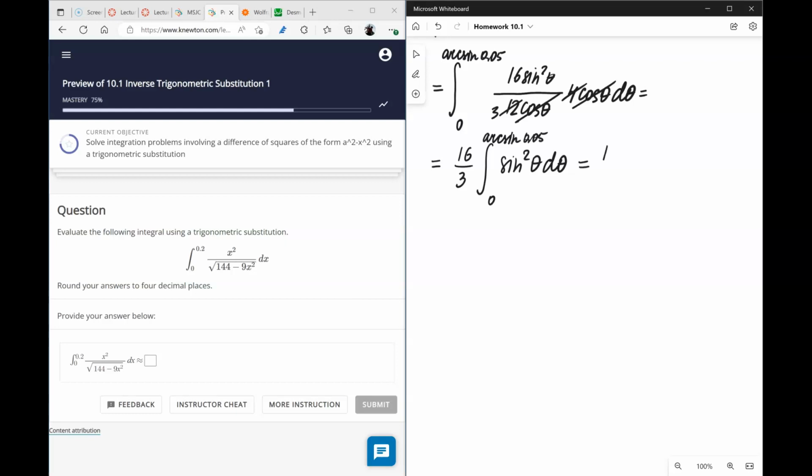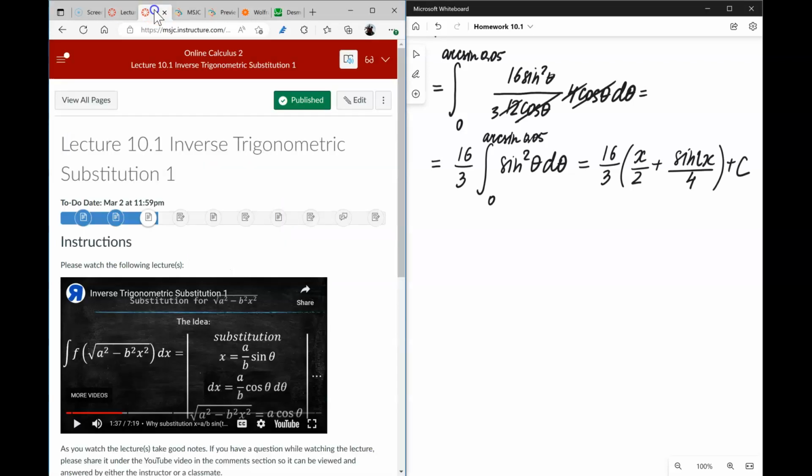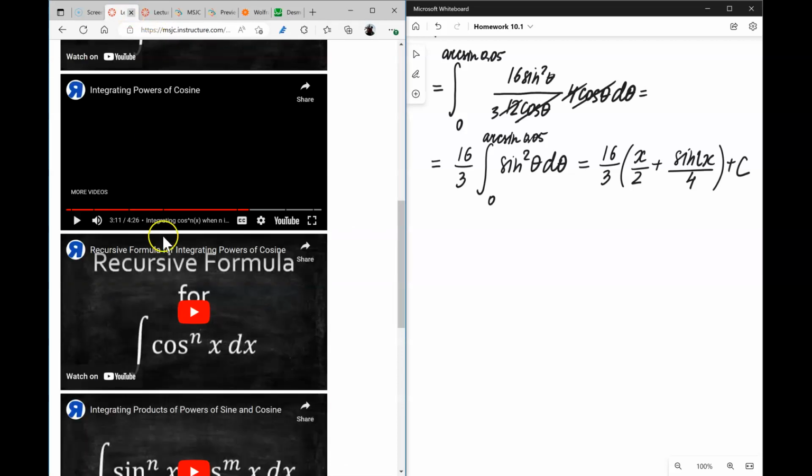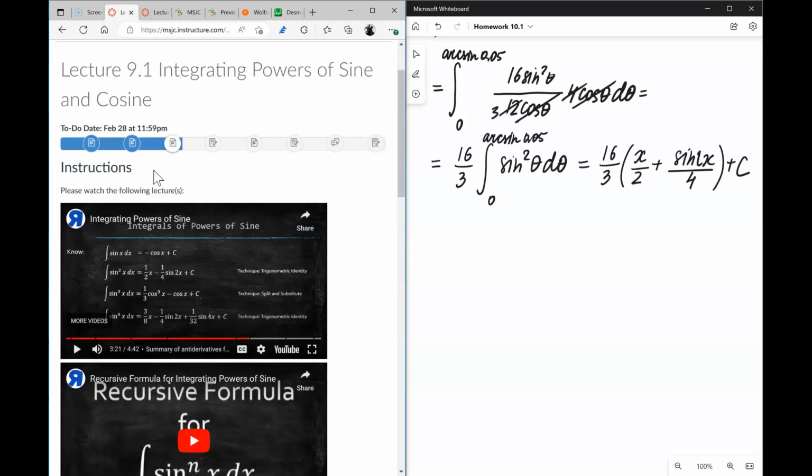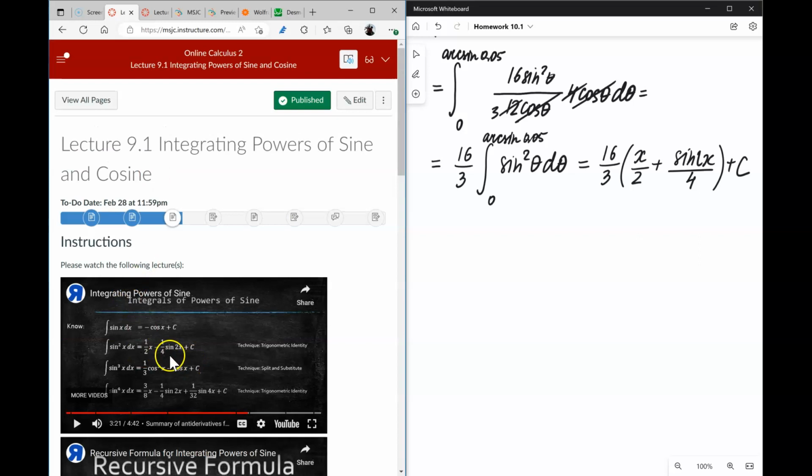We definitely know the antiderivative of sine squared. It's x over 2 plus 1/4 of sine of 2x. I already memorized it by using it on this homework, but just to double check, here it is. Ooh, that would be a terrible mistake.